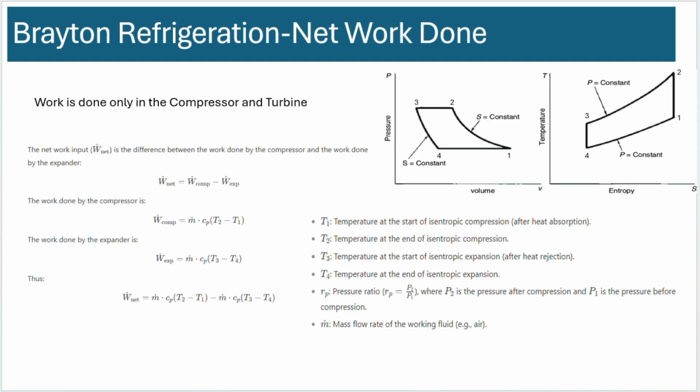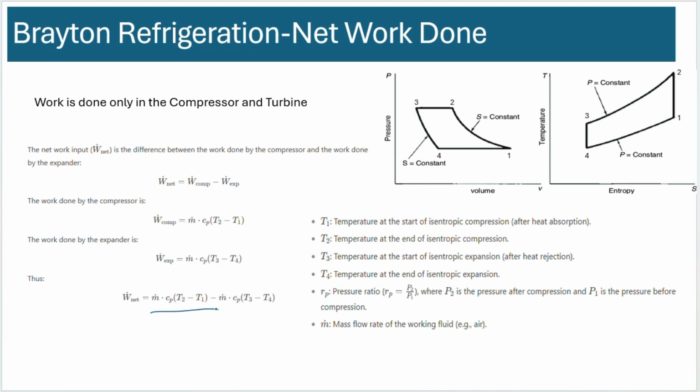All right, so how do we calculate the efficiency or COP of a Brayton refrigeration cycle? Just like we did for the Carnot cycle, we will have to calculate the net work done and the energy transfer during the energy transfer processes, which are processes 1-4 and 2-3 here. The net work done is basically the isentropic compression and the isentropic expansion.